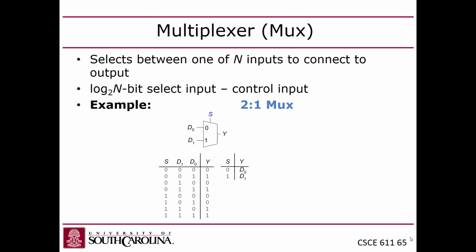Anyway, the idea is that you have this select that allows you to essentially just short the output to one of the inputs, where the input you want to short it to is represented as the select.